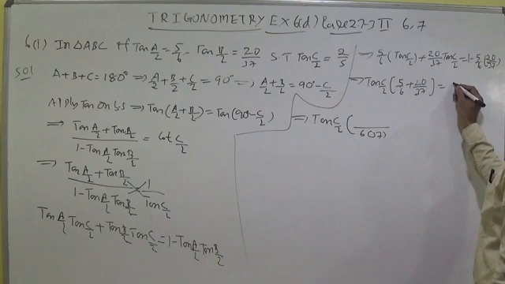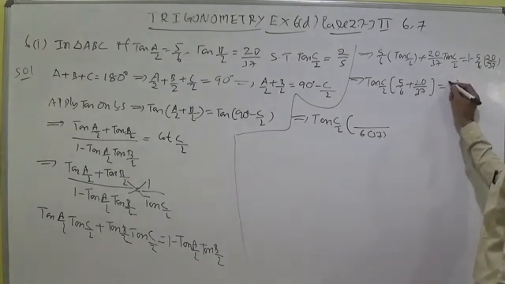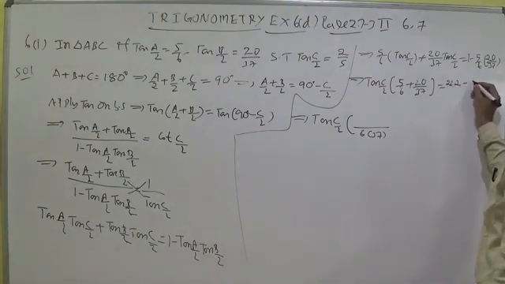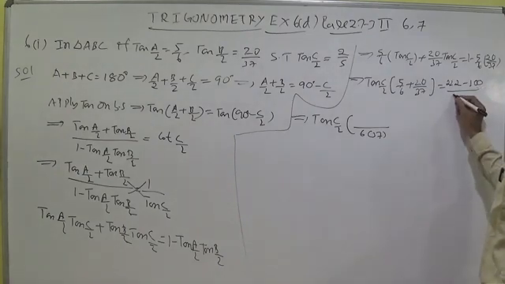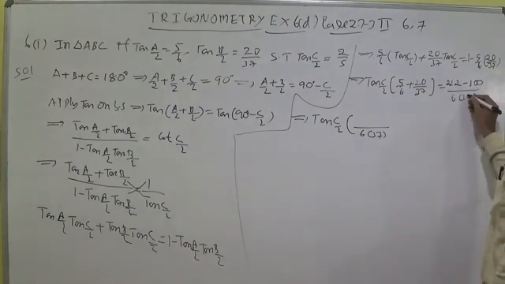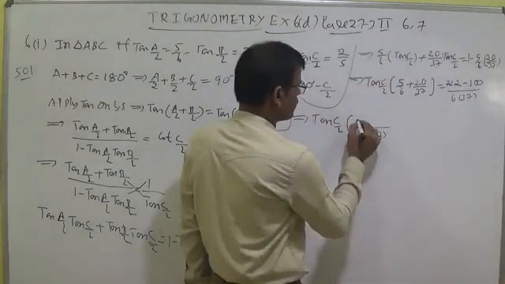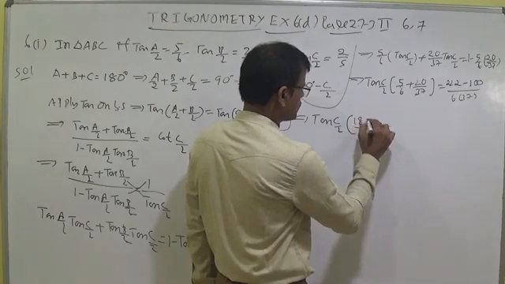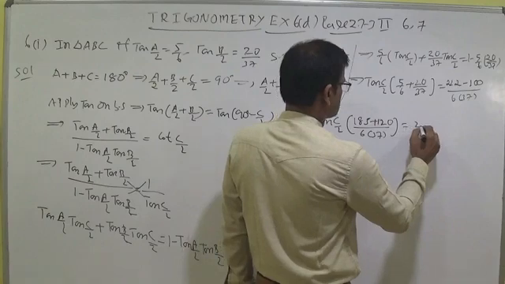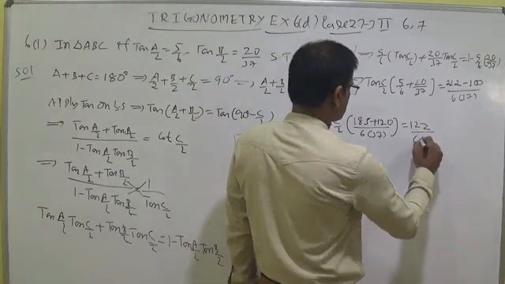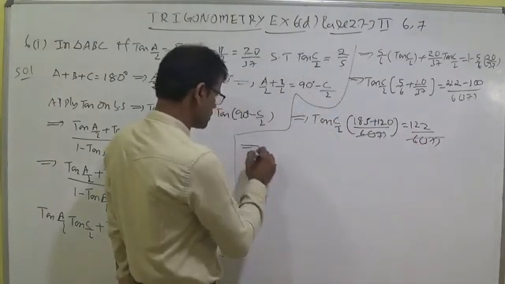So 37 into 6, 6 into 37, and 5 into 20 is 100, so this is 1 minus 100 by 6 into 37. Here take LCM 6 into 37: 5 into 37 becomes 185, which we just did, plus 120, is equal to 222 minus 100, that is 122, by 6 into 37. 6 into 37 get cancelled.